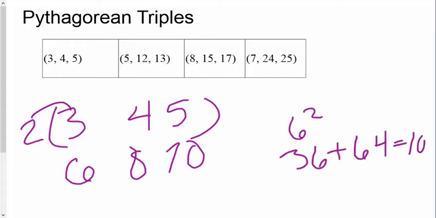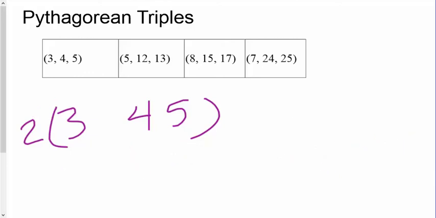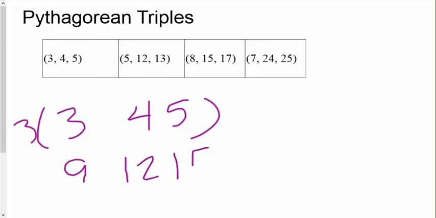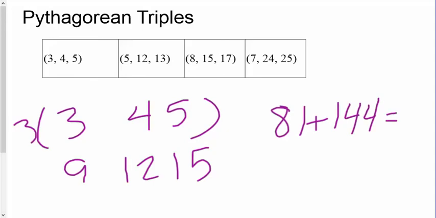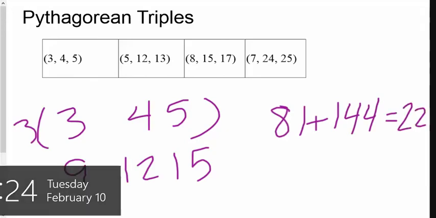That will equal 100. We can also multiply by 3. So 9, 12, and 15 will also work, right? 81 plus 144 will equal 225.